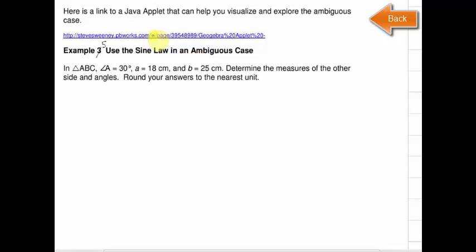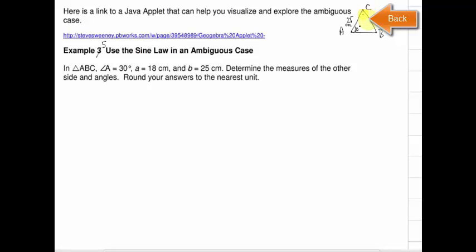Okay, so when you're working on these questions, the first thing that you really should do is determine whether it really is the ambiguous case or not. So I'm just going to do a little sketch over here of the triangle A, B, and C, where angle A is 30 degrees and B is 25 centimeters and A is 18 centimeters.